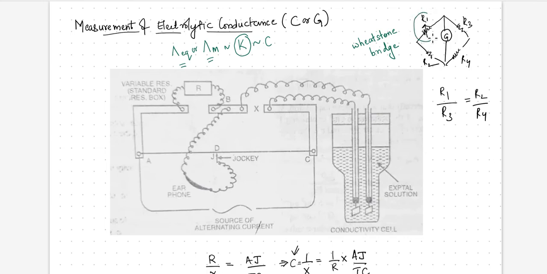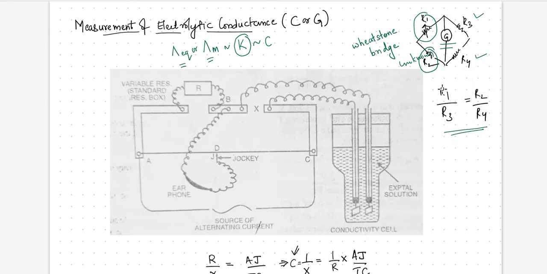You have some variable resistance, and suppose R2 is an unknown resistance whose value you don't know, and these are some known resistances. Then this is the galvanometer. At the null point, this ratio is valid: R1 upon R3 is equal to R2 upon R4.